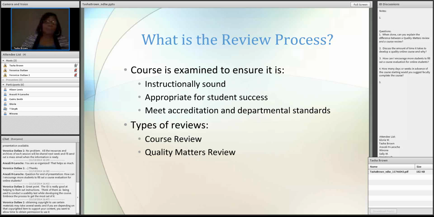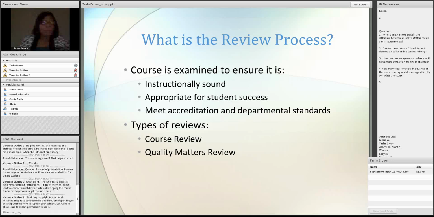You also want to have your course in the review because it helps you to make sure that it meets accreditation and departmental standards. Now, more than likely, your instructional designer may not know what those standards are, and he or she will depend on you to share that information. So if you know your accreditation is looking for certain things, for instance, if you're in a college and they want certain policy or certain standards in a syllabus, after so long, your instructional designer will remember, oh, if you're in the college of ed, you will have to have these standards in your syllabi.